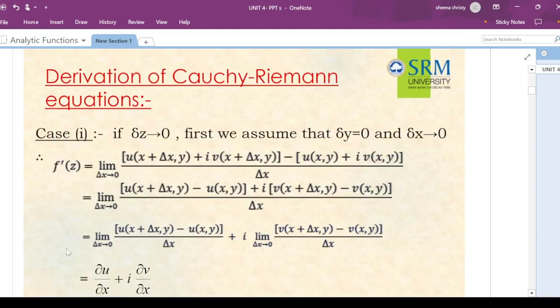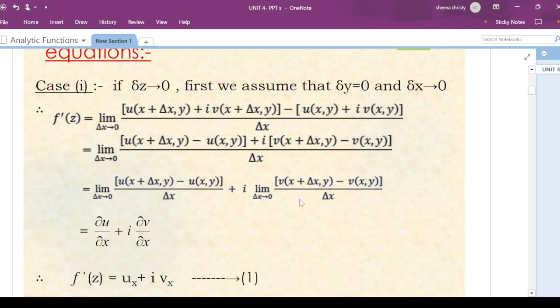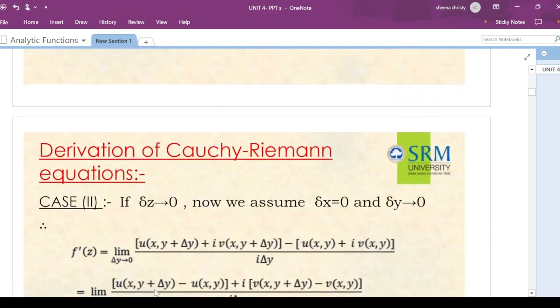By del x tends to 0, you can separate the real part and imaginary part. This represents the first order partial derivative of u with respect to x, and this represents the first order partial derivative of v with respect to x. So f dash of z is ux plus i times vx.